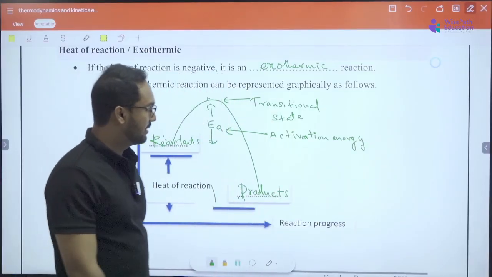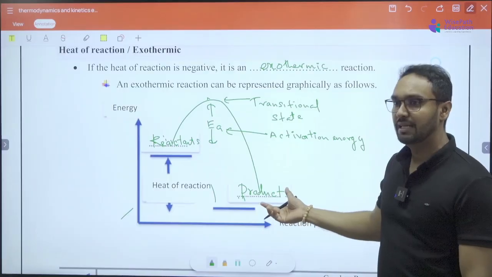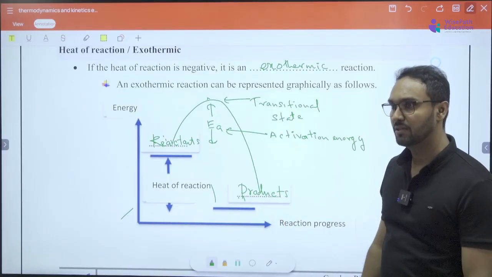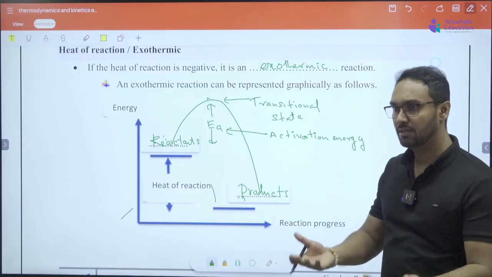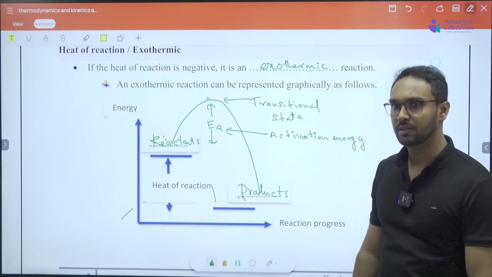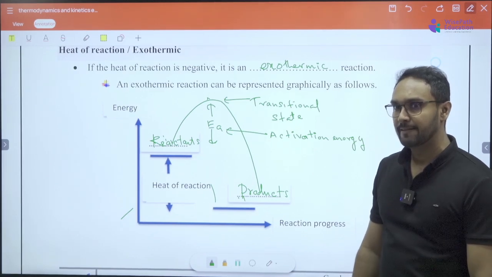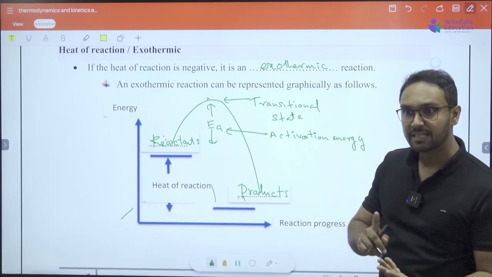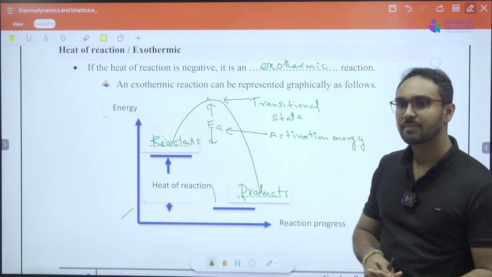And can somebody tell me where's the heat of reaction? How do you show the heat of reaction in the graph? Heat of reaction is the energy either released or absorbed. That's the difference of energy of products and reactants.